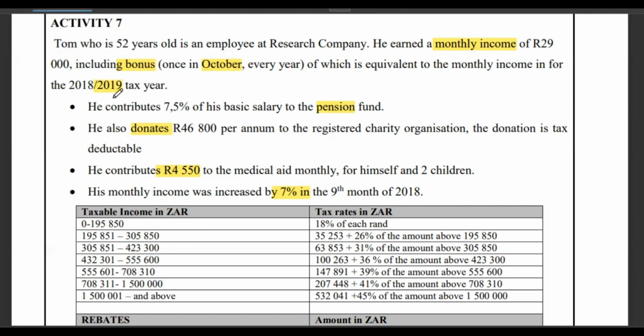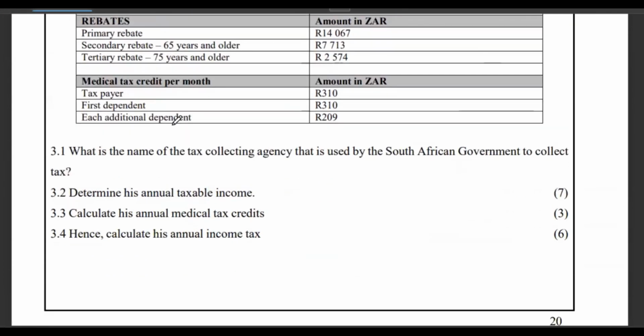Okay, let's go through that and see what we shall need to do. Number one, what is the name of the tax collecting agency that is used by the South African government to collect tax? You should not go beyond this. That is it.